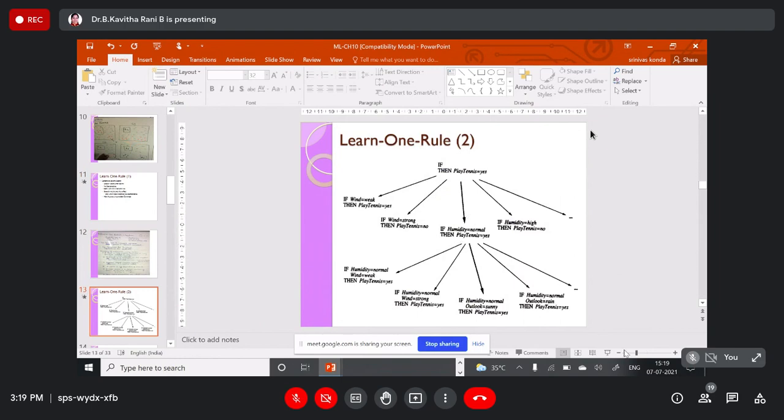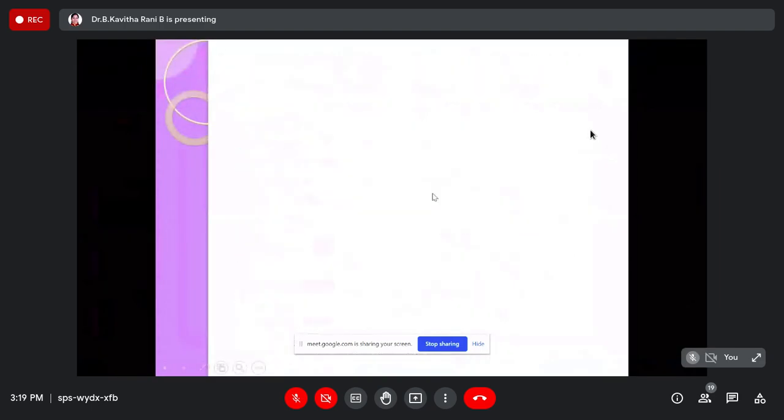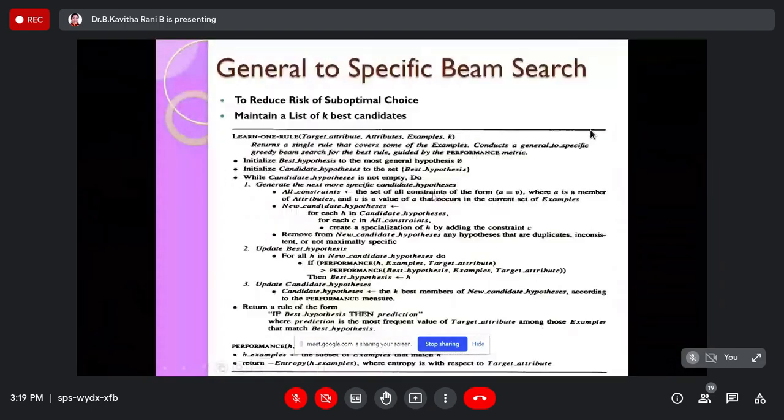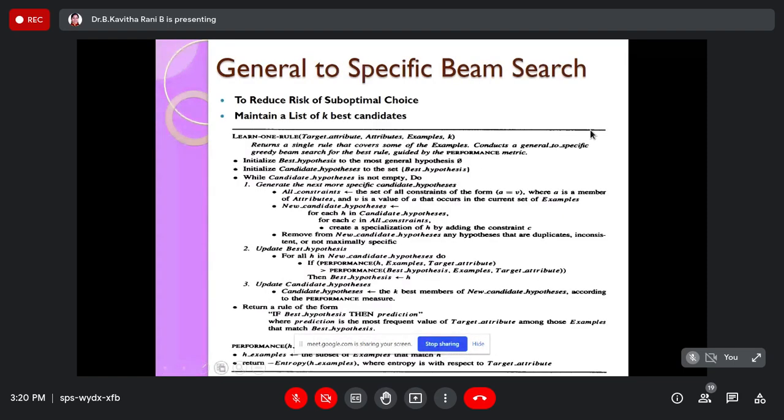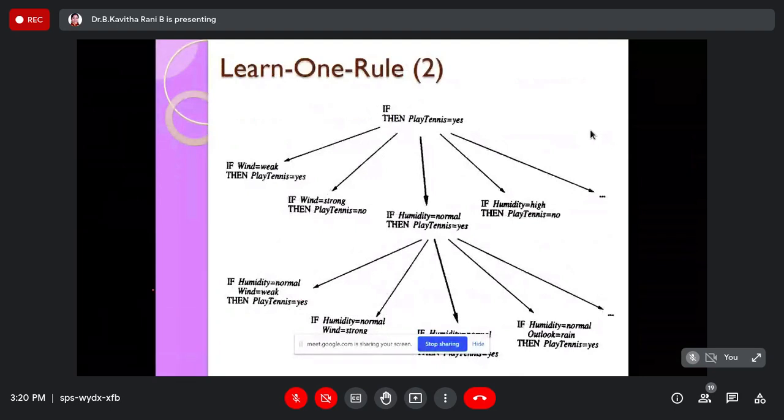So this is learn one rule. What we are doing: if true, then play tennis is equal to yes. This is the general rule. From this, we go on adding attributes and generate the rules here. If wind is equal to weak, then play tennis is equal to yes.